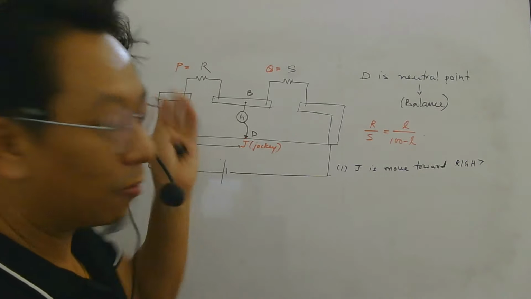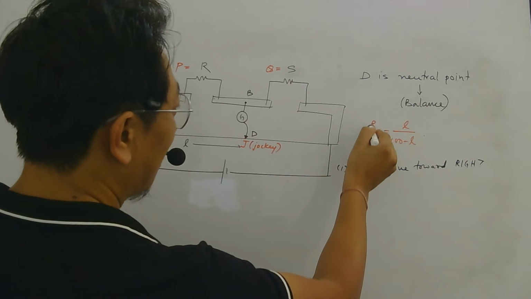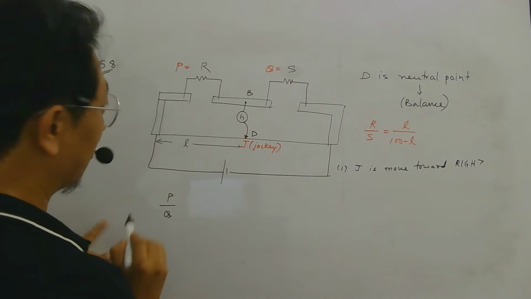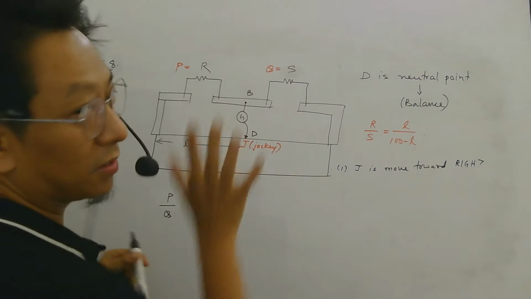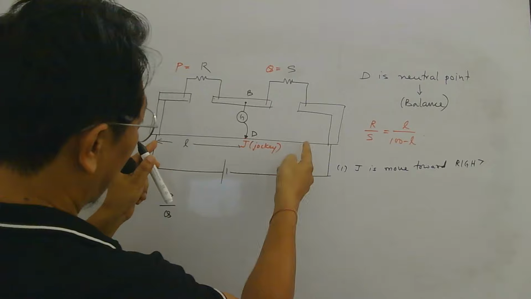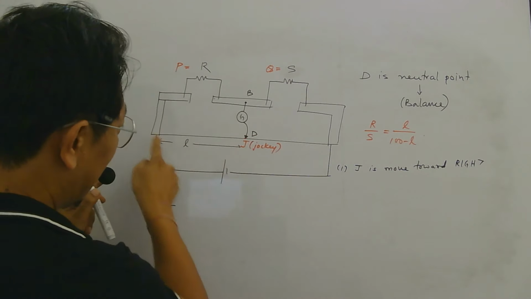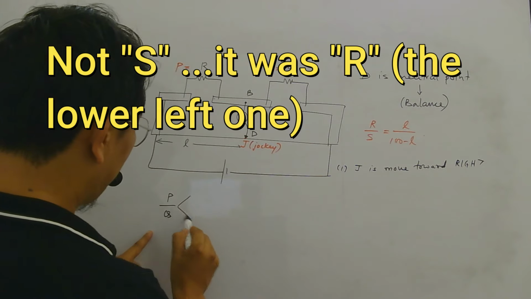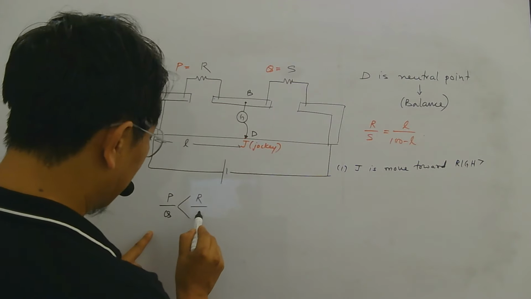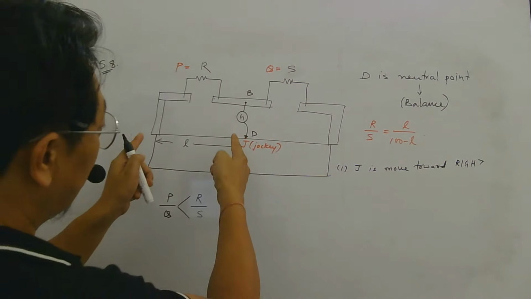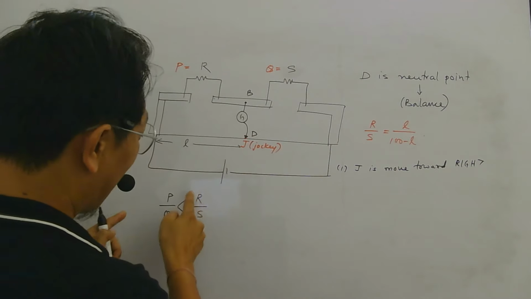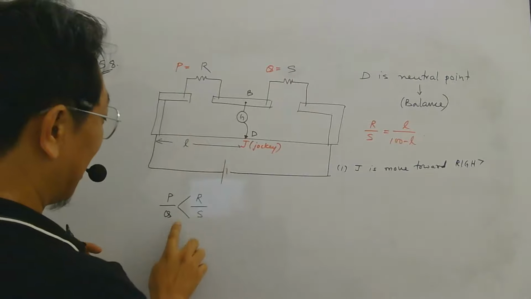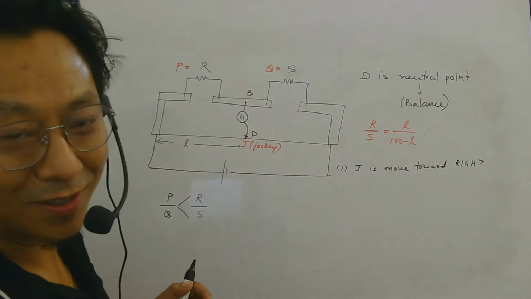Now in our old formula, this is P and this is Q. P and Q are fixed, but when you move this side, this L will increase, so this resistance which was S, right, that will increase. So P by Q will become less than R by S, because by moving this side, this L will increase, so R will increase.